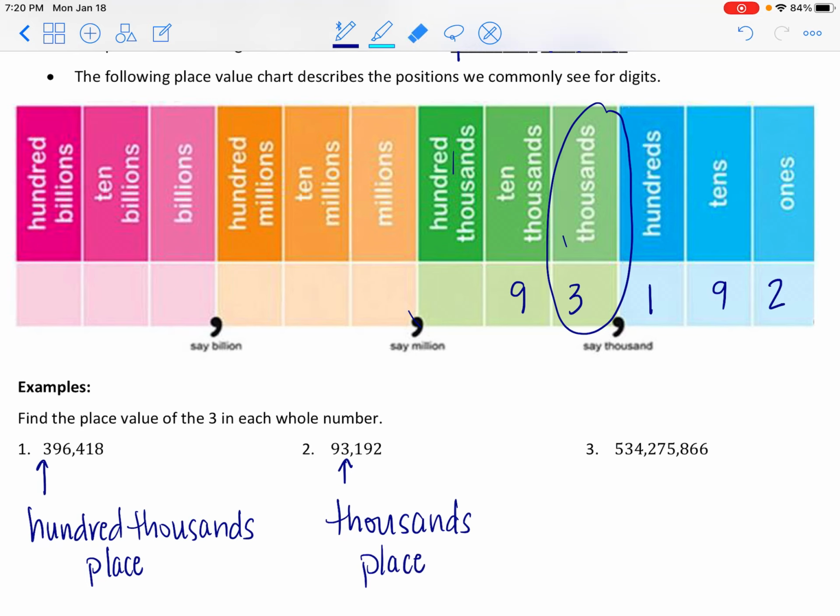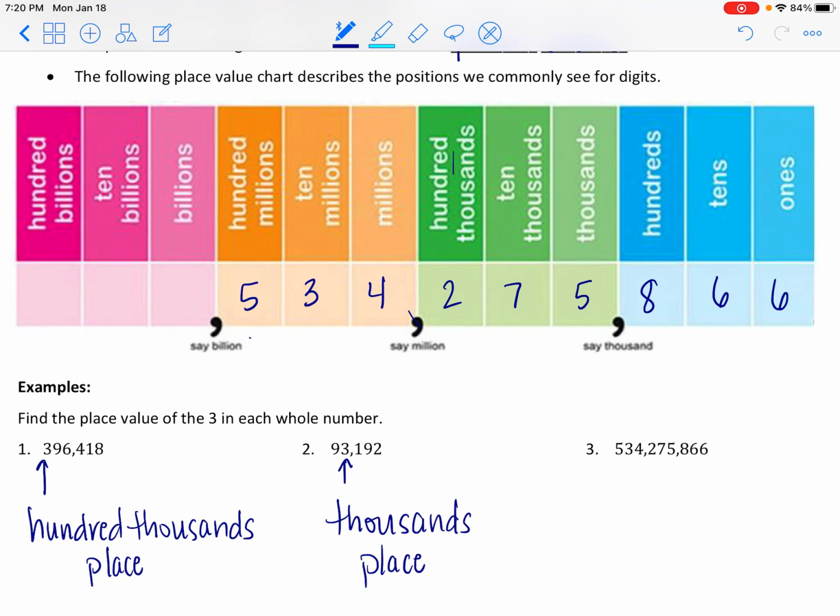Okay, so let's try one more. Get my eraser going if I was to plop this number in. So we have 6, 6, 8, 5, 7, 2, and then 4, 3, and 5. So that would be 534 here. That's 534 million, right?